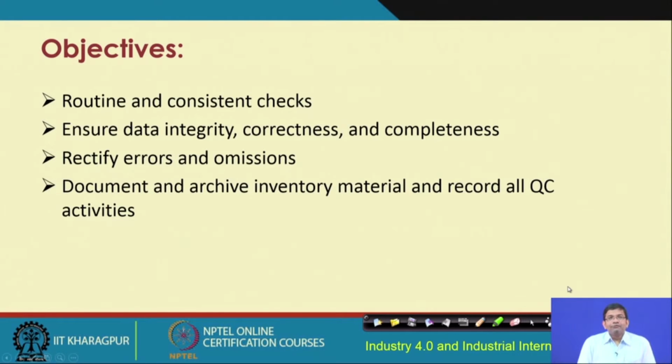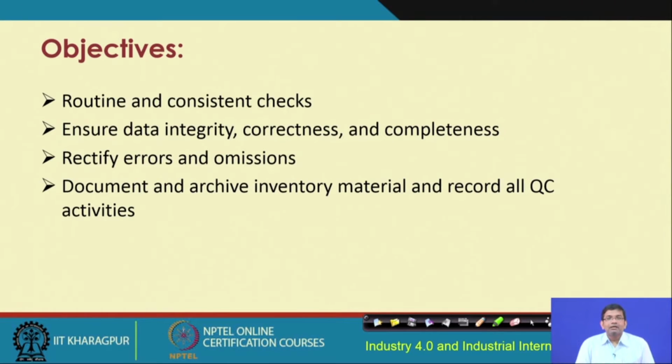The objective in quality control is to routinely and consistently make different checks about the standard of the products that are being manufactured or the services that are being offered. Ensuring integrity of the data, correctness of the data, completeness of the data is also part of quality control.